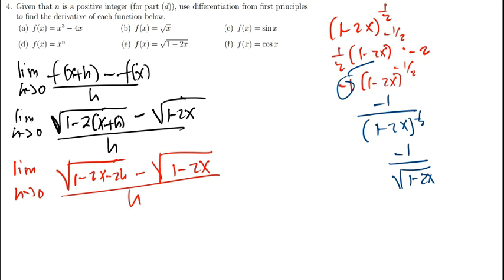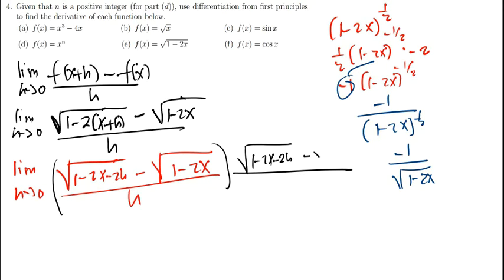I'll do the same. It's basically the same as part B, where I'm going to get the conjugate now. Okay, so I'll say this is going to be 1 minus 2x minus 2h minus 1 minus 2x. Then here 1 minus 2x minus 2h minus 1 minus 2x.